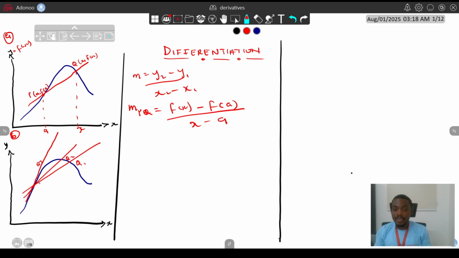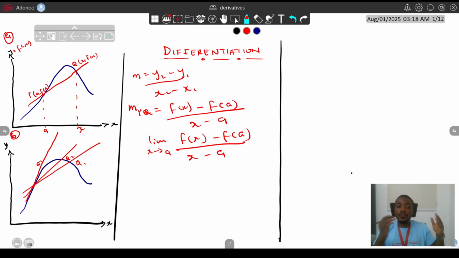A tangent line. So that means if we take the limit as x approaches a of the function f of x minus f of a all over x minus a, we will find the gradient of the tangent instead of the secant. So m of PQ now becomes this.